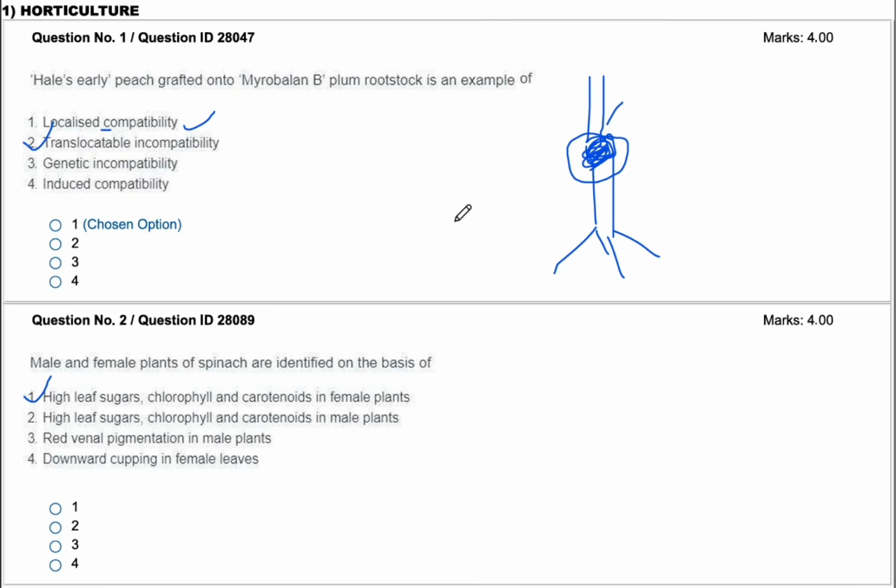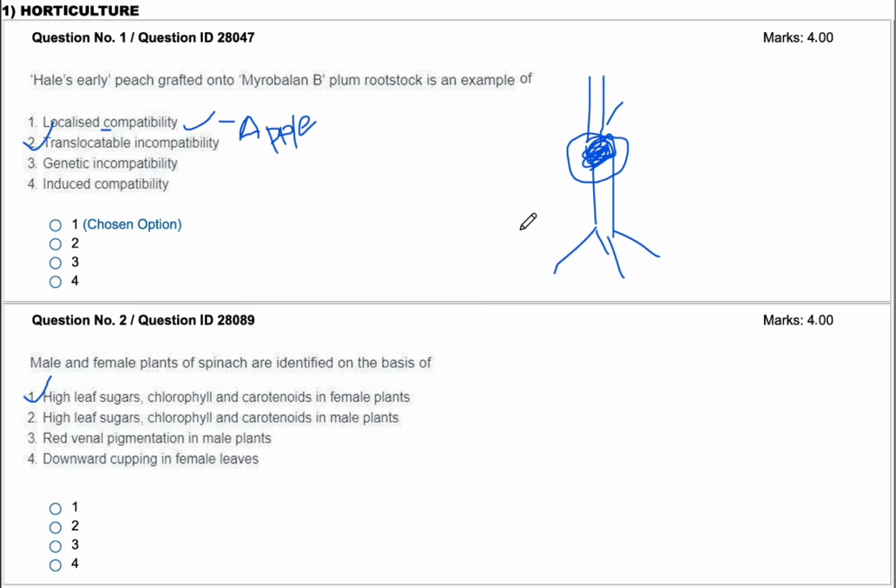It is a type of incompatibility which depends upon the actual contact between the stock and scion, and it is localized in nature. So to overcome this, we can use a compatible interstock in between these two. Okay, in this incompatible combination, the graft union structure is often weak, and it will result in discontinuity in the cambium as well as the vascular tissues, which will result in poor translocation.